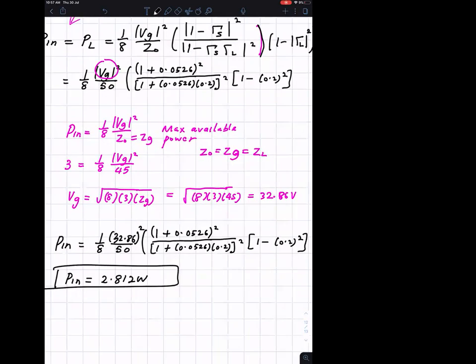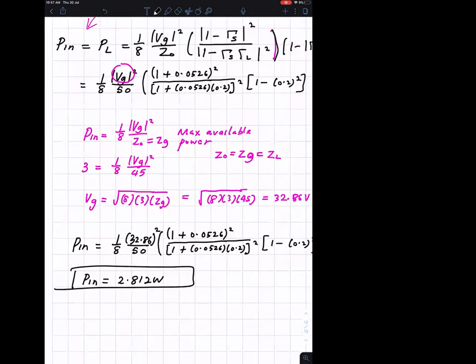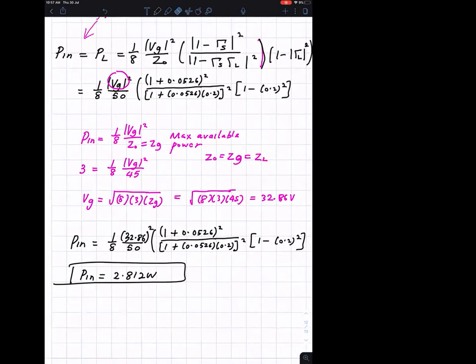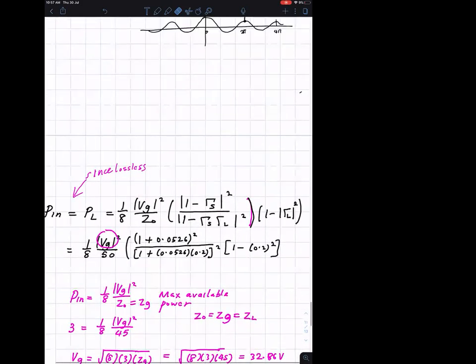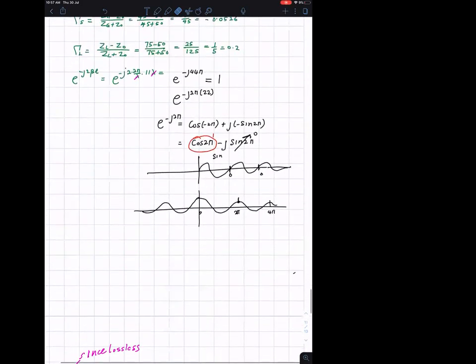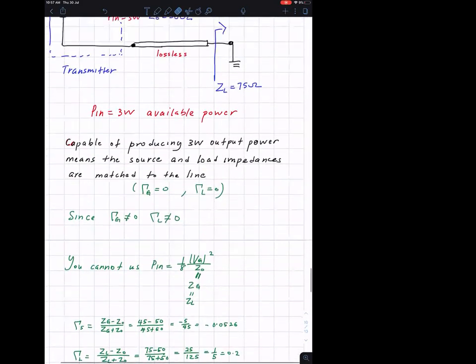Although the line is lossless, the power available was 3 watts, right? The power that was available was 3 watts.